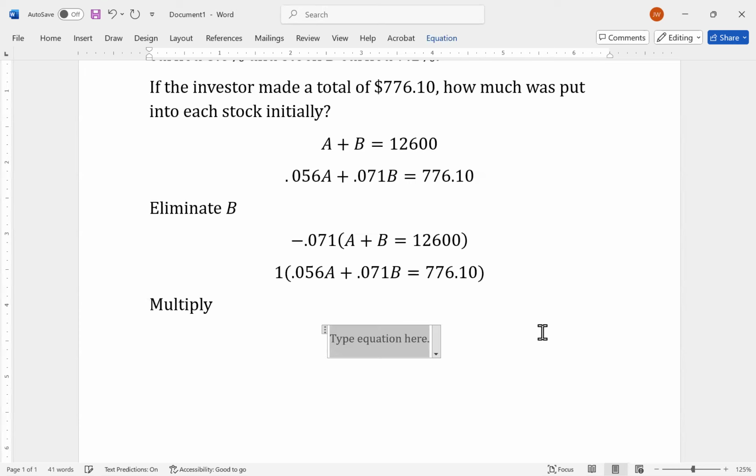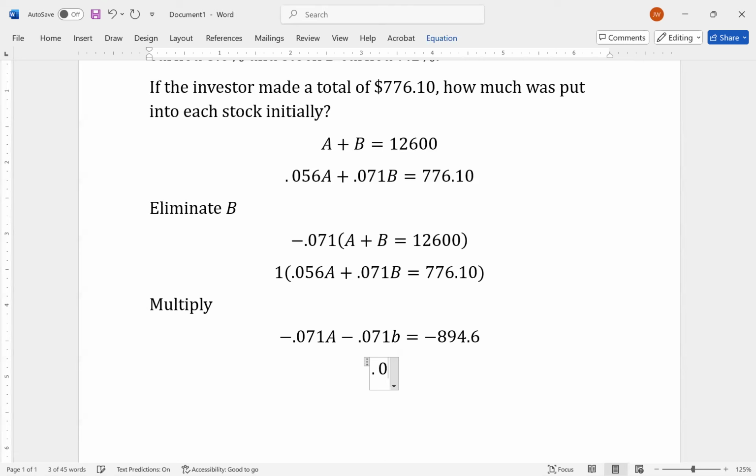If I do multiply, that first equation becomes negative 0.071a minus 0.071b is equal to negative 0.071 times 12,600. That becomes a negative 894.6.